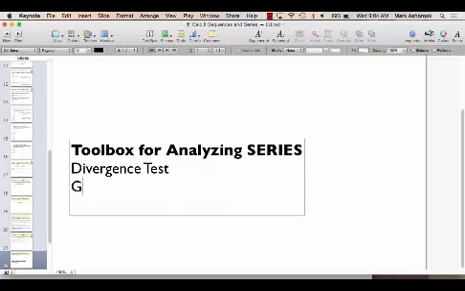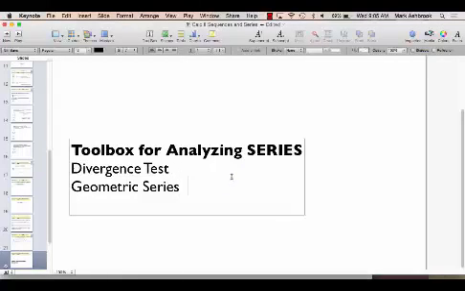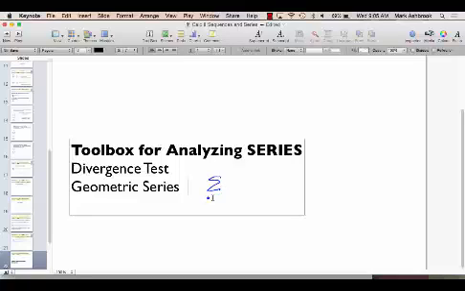Next thing we had was, let's talk about geometric series. This is a very specific type of series that looks like this. Here was the form we've used most often: A r to the n minus 1.